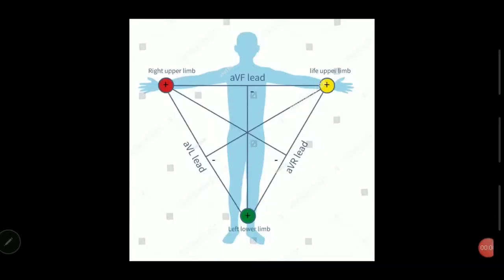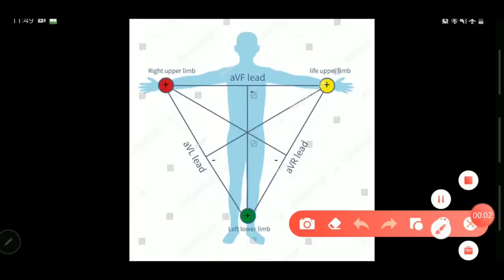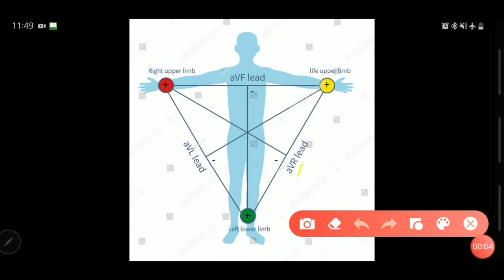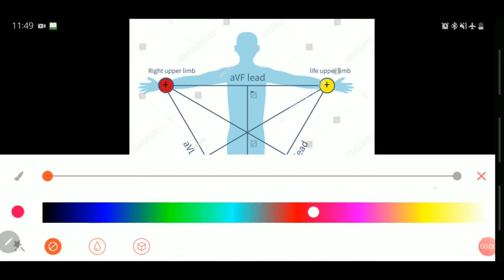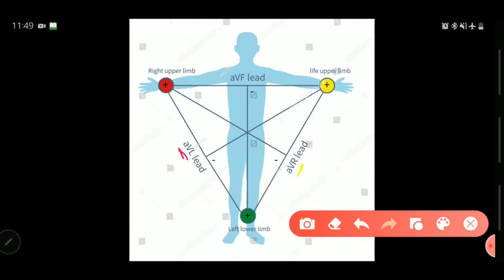So this is another picture, guys, for the 3 augmented limb leads. We said that we have aVR, aVL, and aVF, and this is aVR. For the aVR, we put the positive electrode on the right arm. Don't care about the positive charges situated in here, because he's explaining something else, which we're going to discuss later.